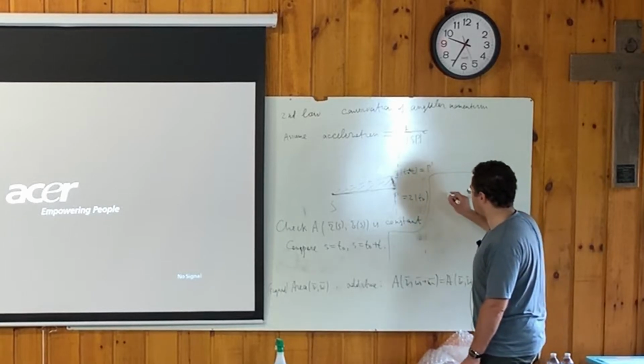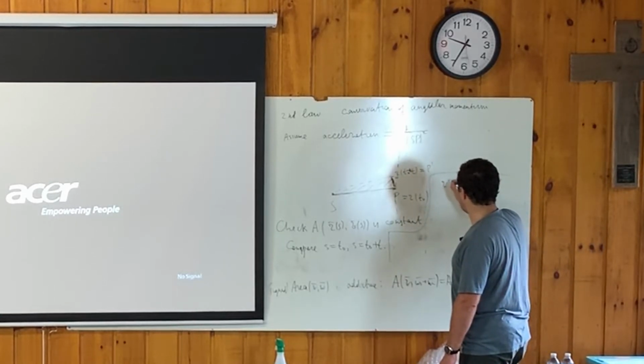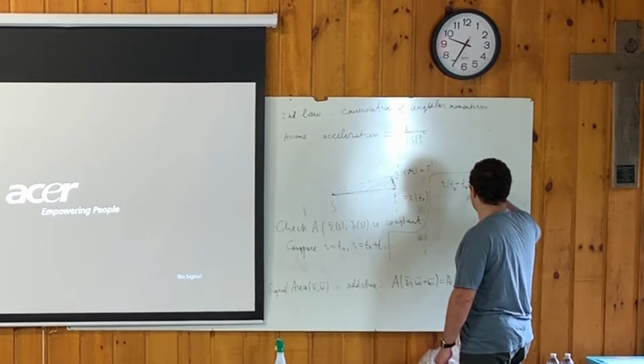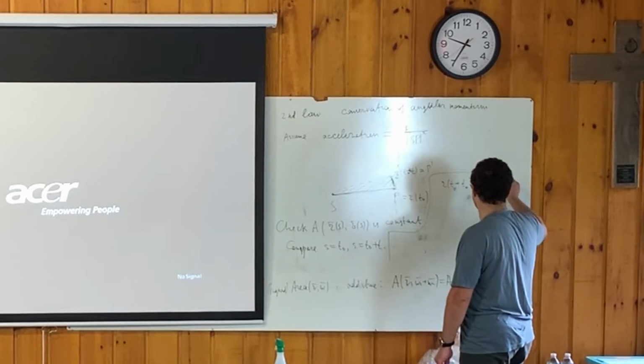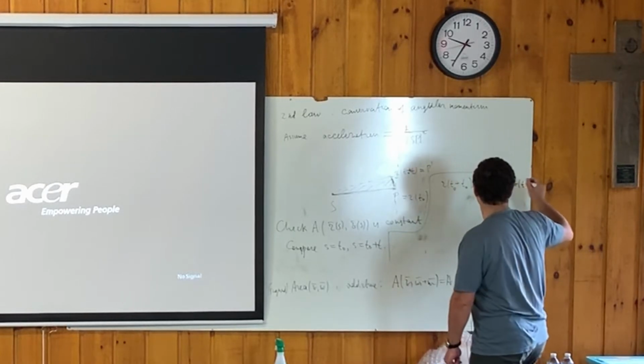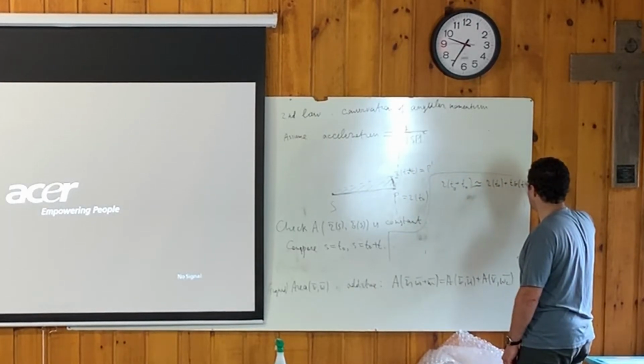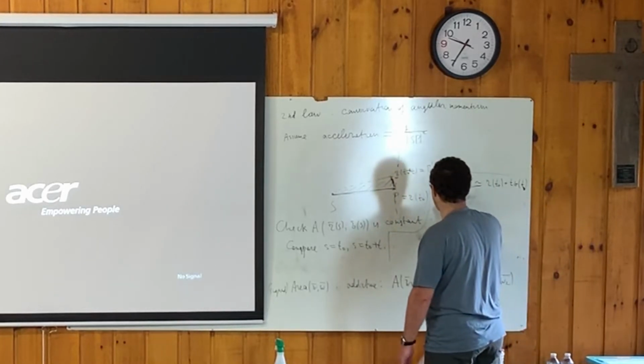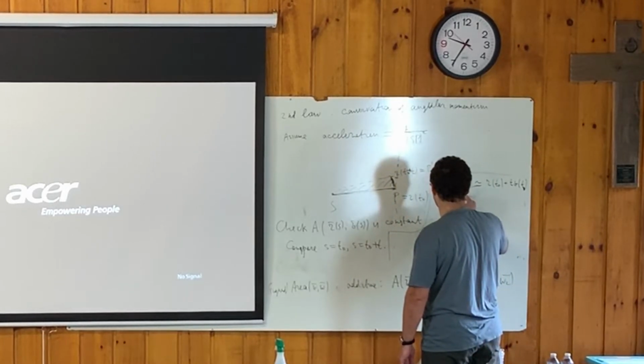So we say that R of t0 plus t is approximately R of t0 plus t times V of t0, and V of t0 plus t.